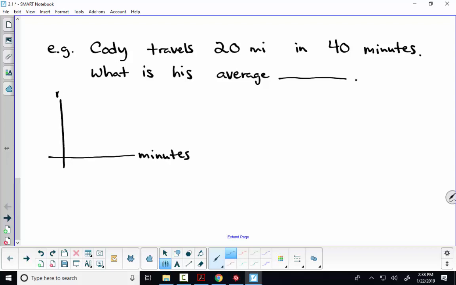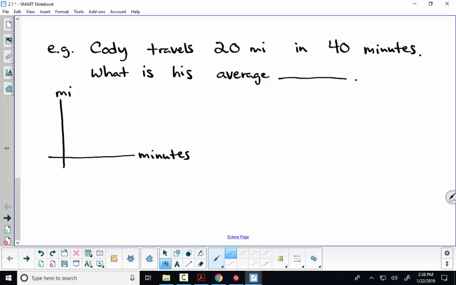And a distance, miles. If you remember, when we measure any kind of slope, we're always just taking the change in y over the change in x. So when we measure this slope, we have the change in miles over the change in minutes, or miles per minute, right? Which is a speed.